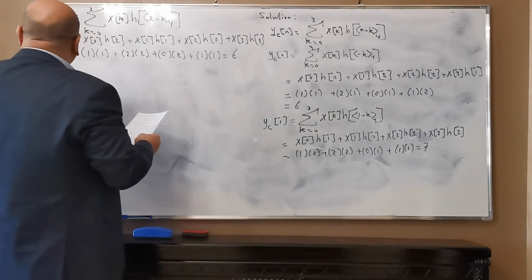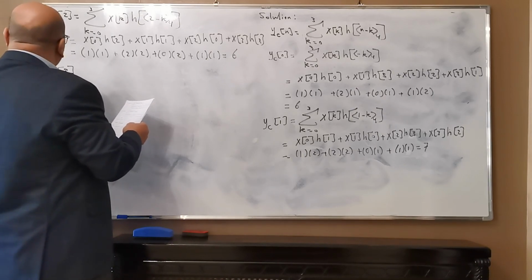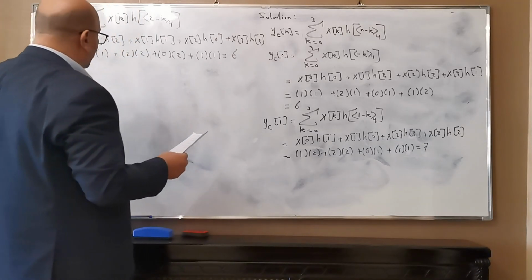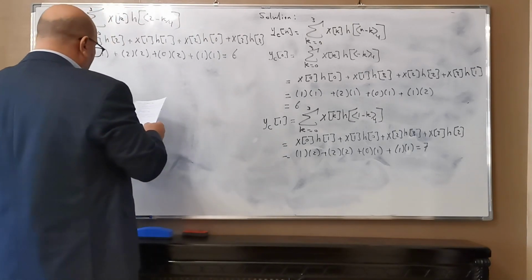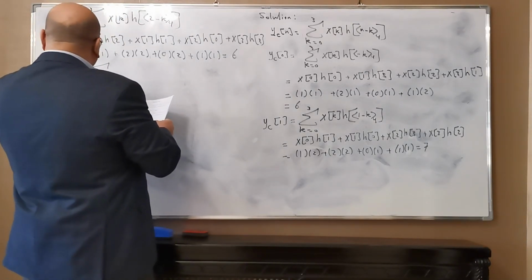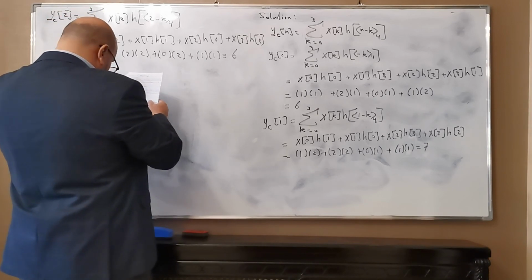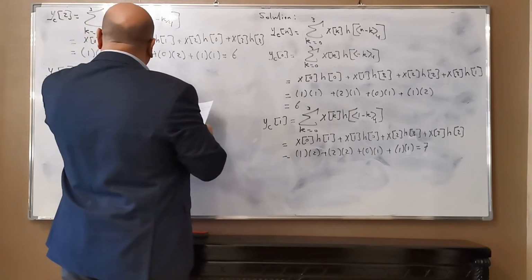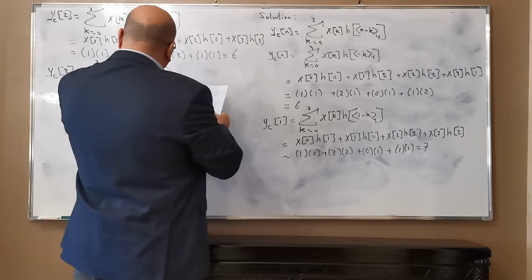And the last one, YC of 3, which is the last one in our convolution, because the convolution has only n points, 0, 1, 2, 3, 4 points, is the summation from k equals 0 to 3 of x of k times h of (3 minus k) modulo 4.